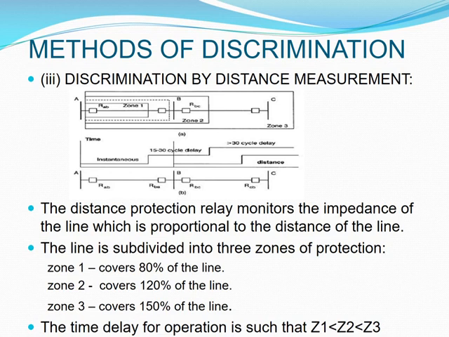So we divide our line into what we call zones, and we have a zone 1, a zone 2, and a zone 3. Your zone 1, we say, would cover 80% of the line, whereas your zone 2 would be at 120% of an identified line, and your zone 3 would go up to 150% of that line.